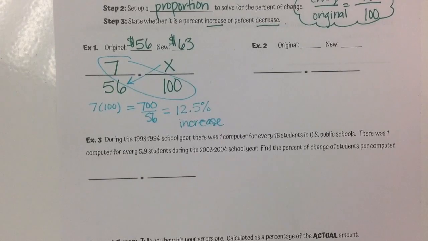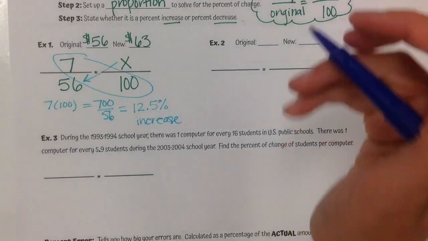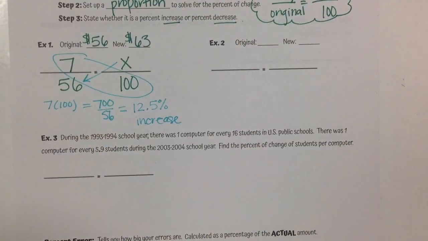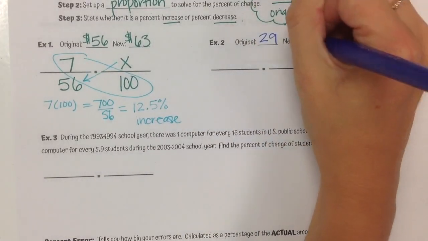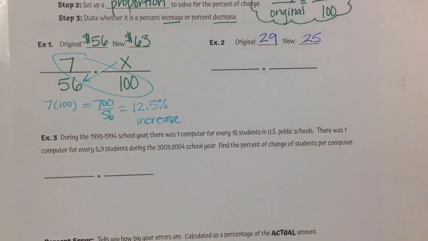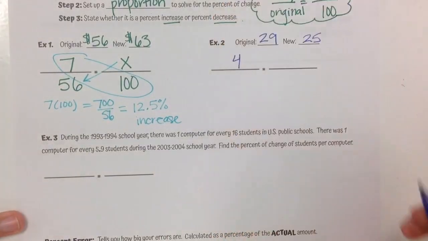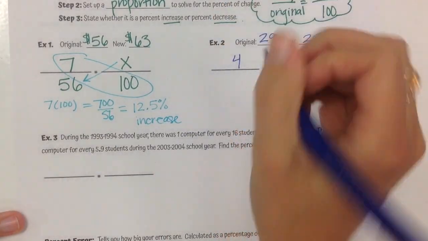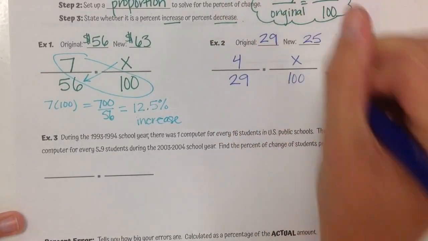Let's look at example 2. Our original amount for example 2 is 29. Our new amount is 25. So first thing I'm doing, I'm finding the difference. 29 minus 25 is 4 over our original, which was 29, equals what percent out of 100.